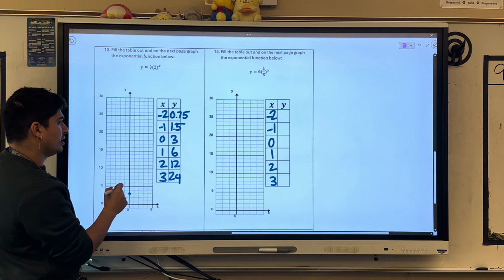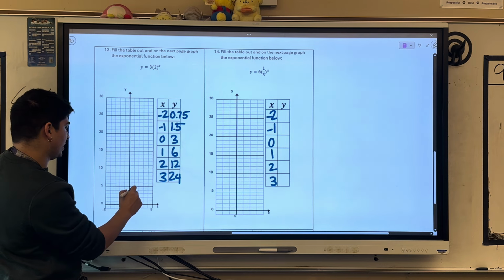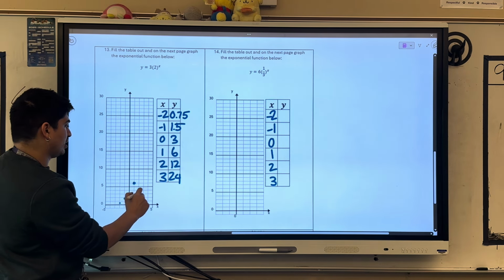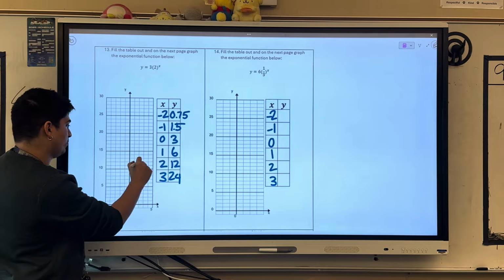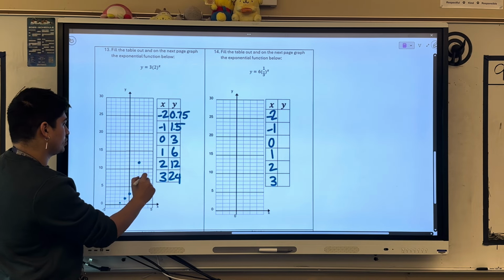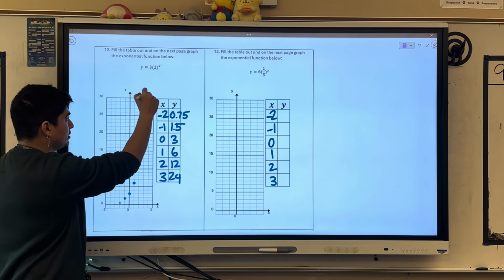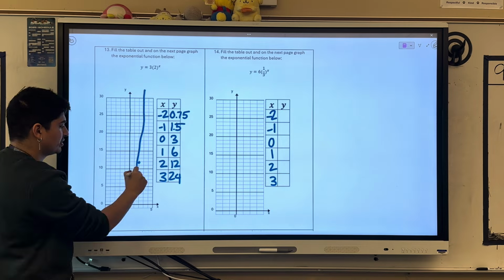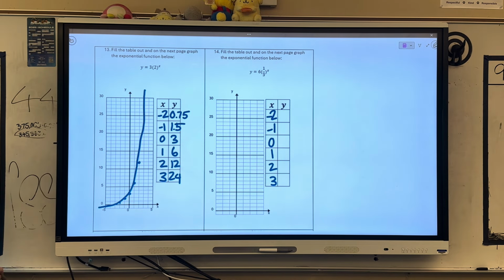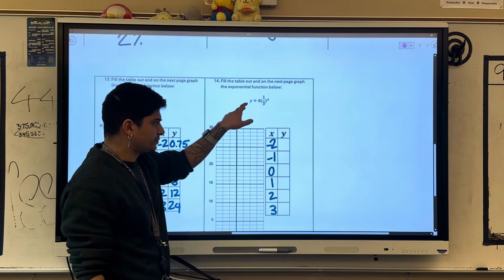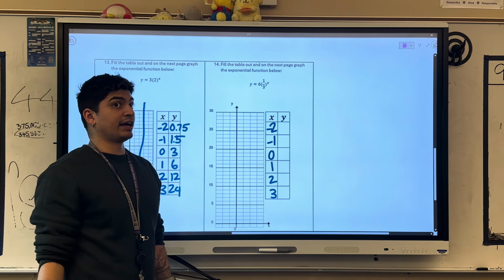And then 1 is going to be at 6. So notice how this curve is about to go crazy. At 2, I'm at 12. And then at 3, I'm at 24, which would be right here. And if I connect my dots, that's my exponential growth.